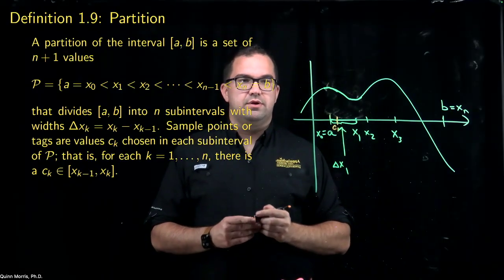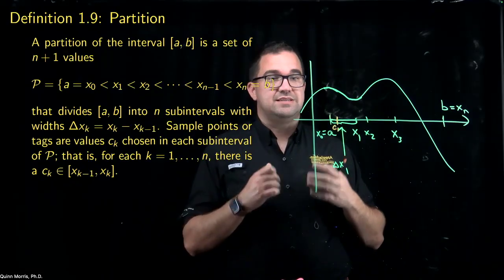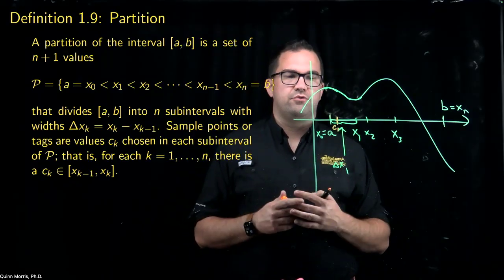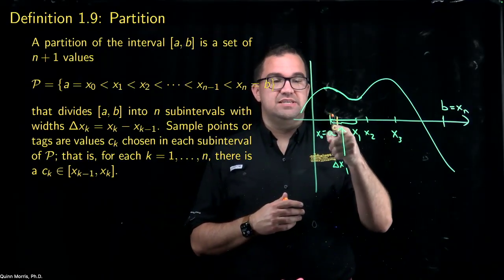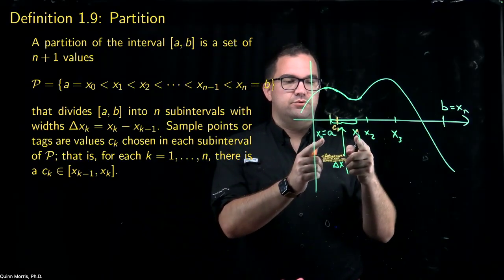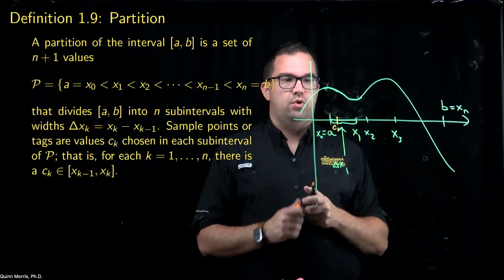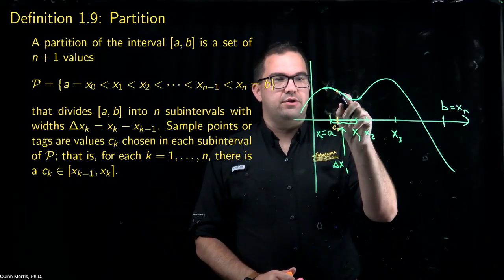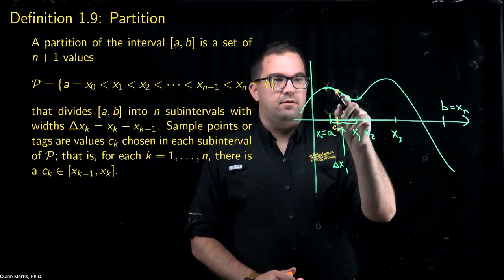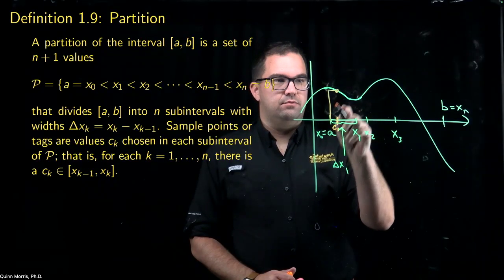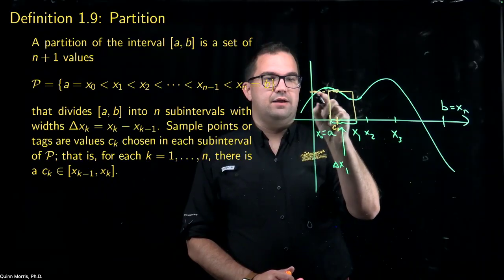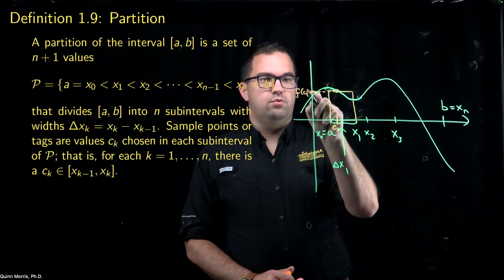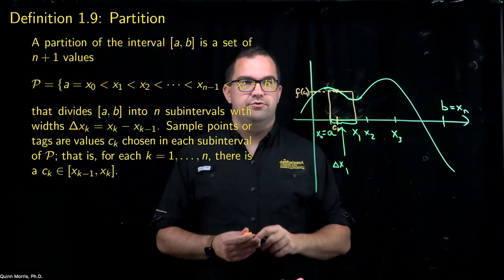Now C1 is what we'll call a sample point, or more often I'll refer to it as a tag. So there's a tag of this partition. C1 is one of my values between x0 and x1, and that's going to tell me where to take the height of my rectangle. So in this case, the height of my rectangle would just be f of C1 on this first subinterval.